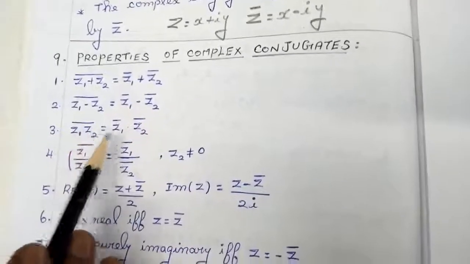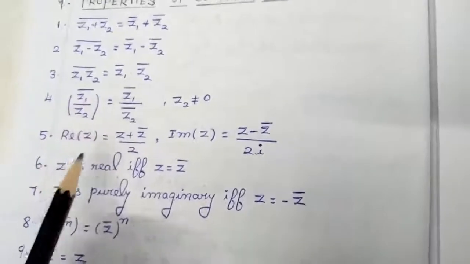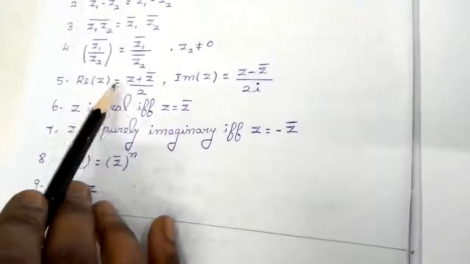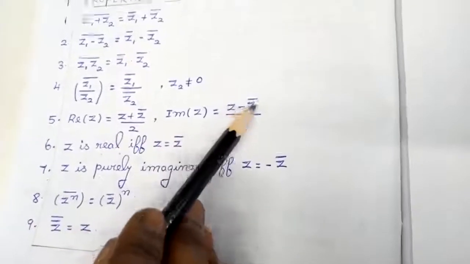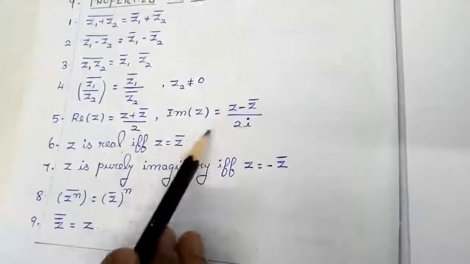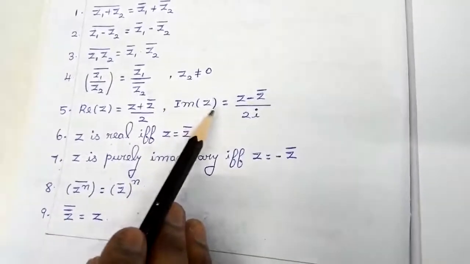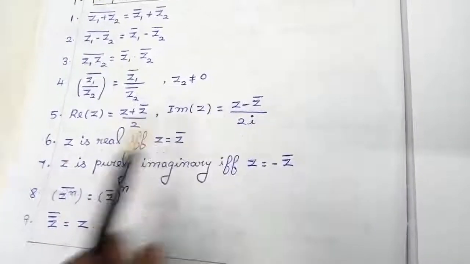For multiplication also you can split like this. Division also the same way. The real part of z is equal to z plus z bar by 2 and the imaginary part of z is z minus z bar divided by 2i. Based on this condition we have done a calculation in our sum. That is, this theoretical part itself we have proved as a sum.